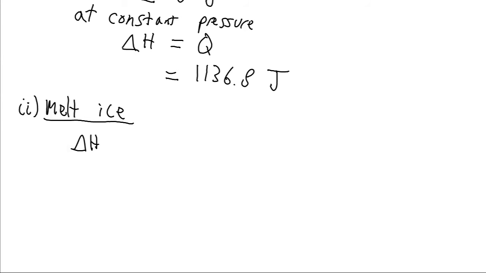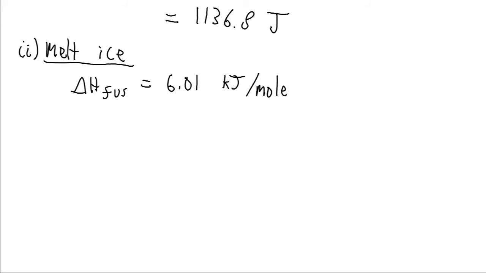And the heat of fusion for ice, 6.01 kilojoules per mole. Now, sometimes this will be given to you in energy per gram. So you might have to convert into grams or you might have to convert into moles.